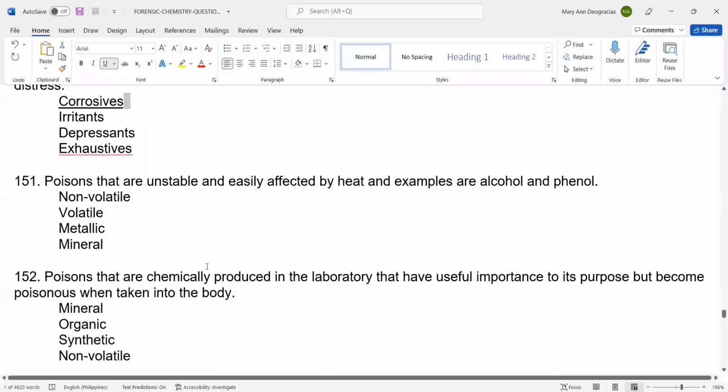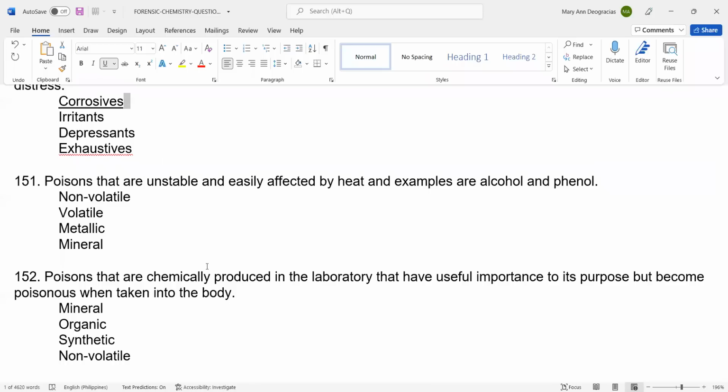151, poisons that are unstable and easily affected by heat. And examples are alcohols and phenols. Okay, A, we have non-volatile poisons, B, volatile poisons, C, metallic poisons, D, mineral poisons. Volatile siya, non-volatile lang yung pagpipilian nyo dyan. So, eliminate nyo na yung dalawang choices.